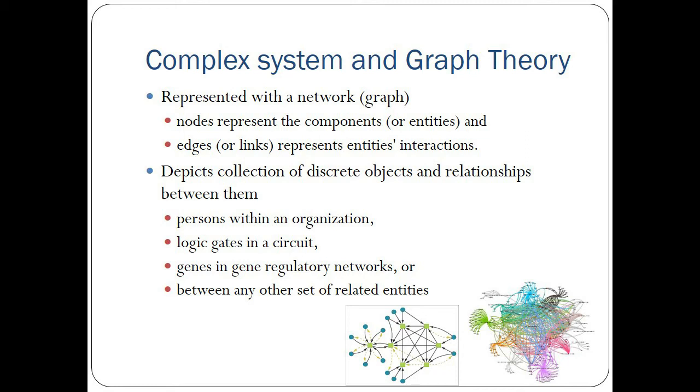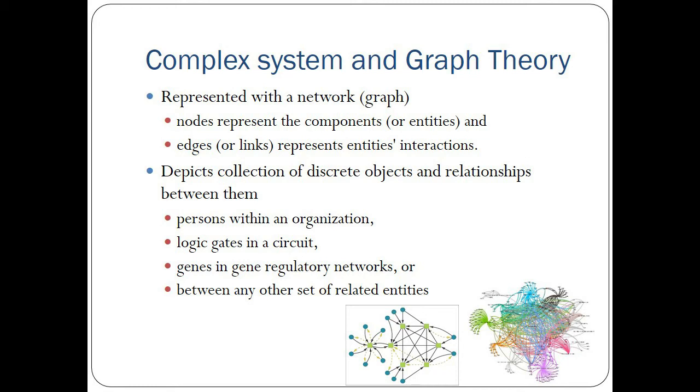These interactions could be represented with edges or links, depicting the collection of discrete objects and the relationship between them. The complex system could be represented as a graph, and these graphs depict collections of discrete objects, which are basically components or entities. Then the relationships could also be depicted with these graphs, representing the complex system.